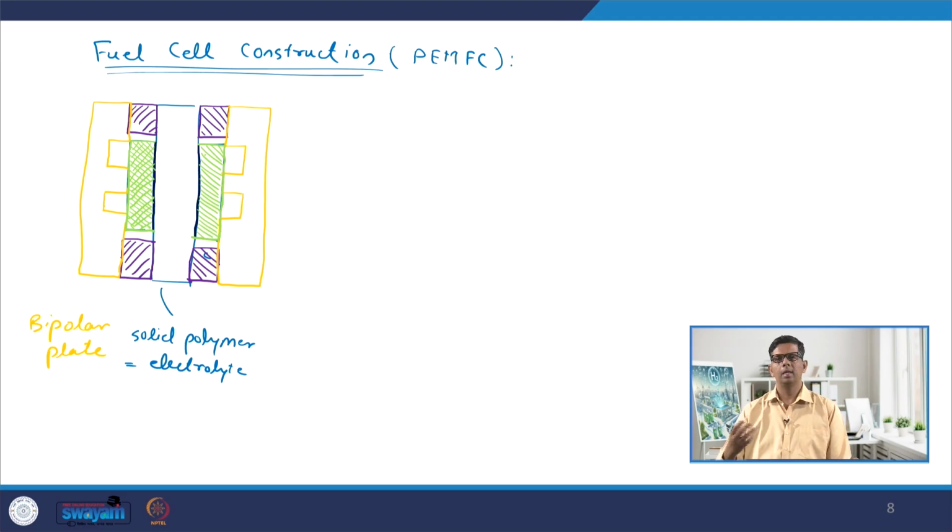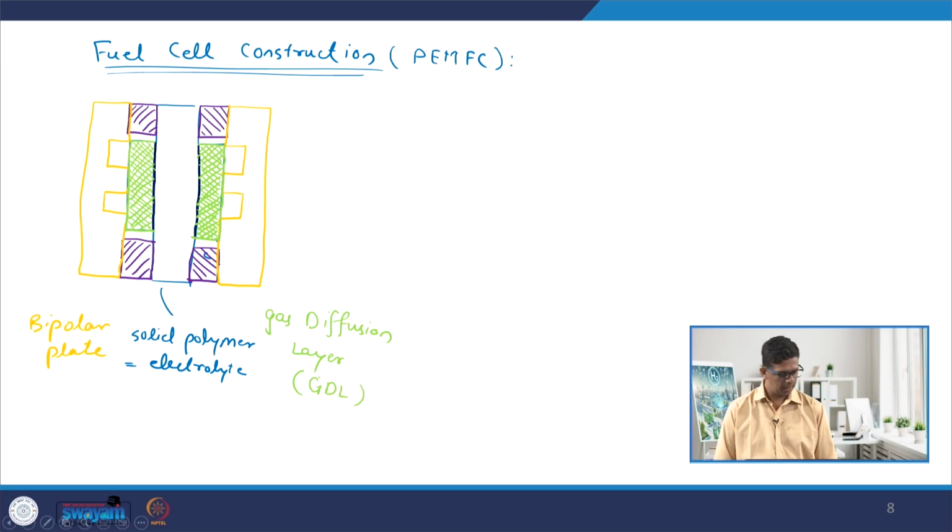As and when the gases pass through these channels in the bipolar plate, they diffuse through this diffusion layer, and then they reach the catalyst sites or the catalyst layer where the actual reactions take place. So, this is my gas diffusion layer. It is also very widely known as GDL.